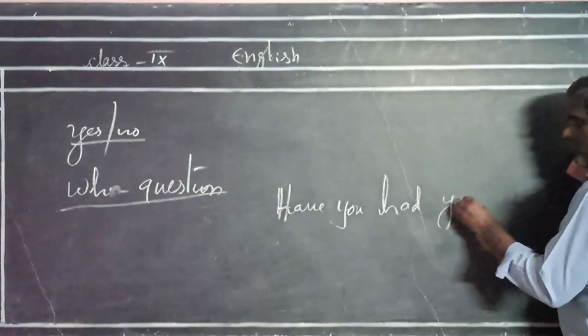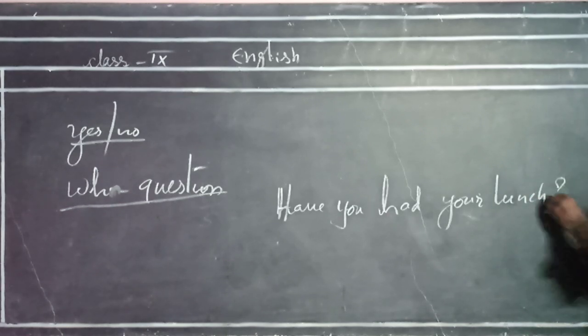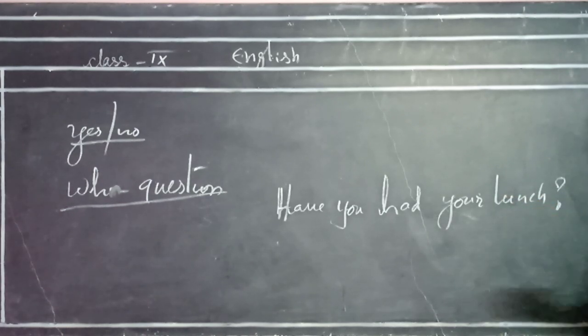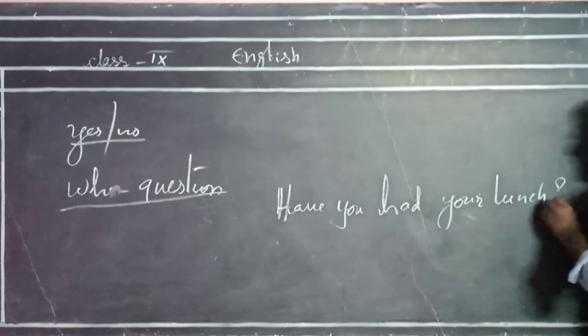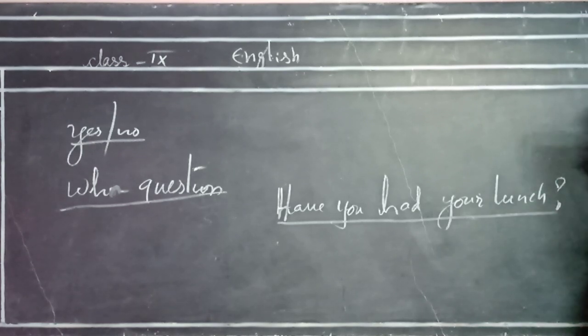Had your lunch? So what might be the answer? Have you had your dinner or lunch means you can say either yes, I have, or no, I don't. So when you put a question with these helping verbs, the answer from the other side comes in the mode of yes or no.